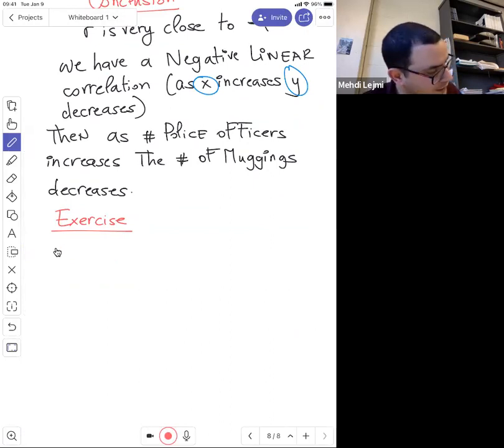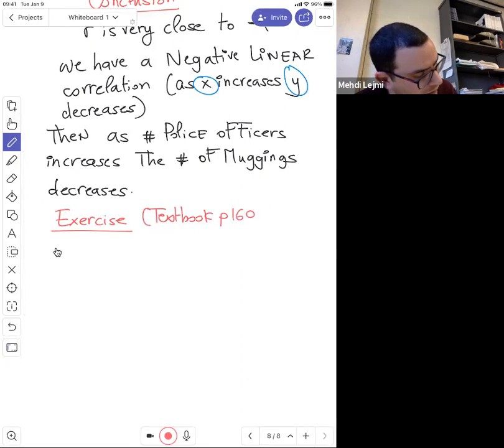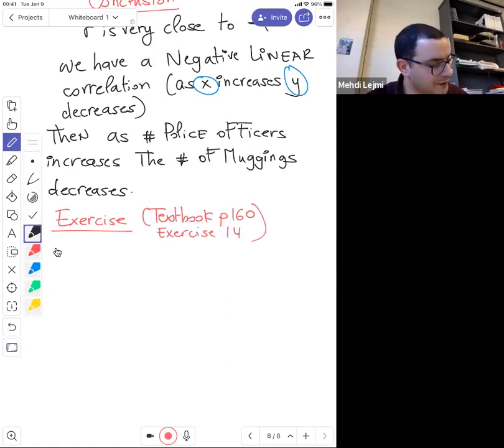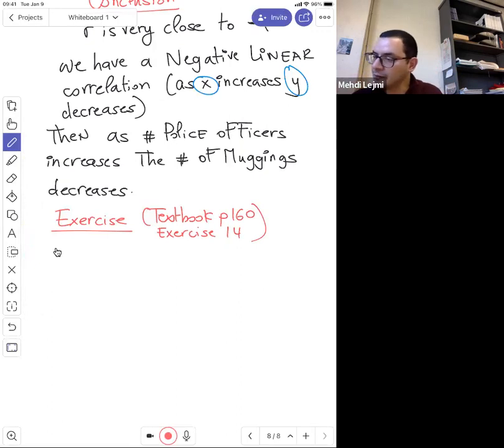So this is from the textbook, page 160, exercise 14. All right, so we have these data pairs. The data are based on information from domestic affairs.